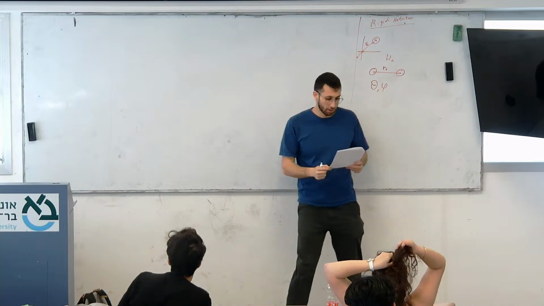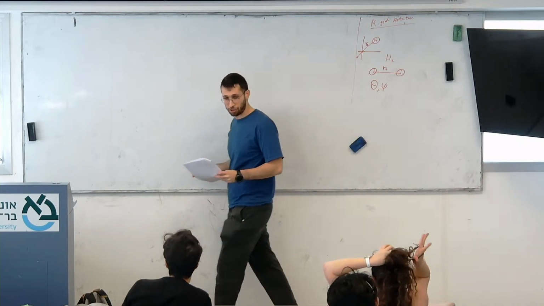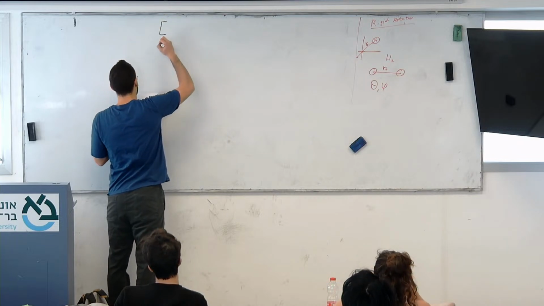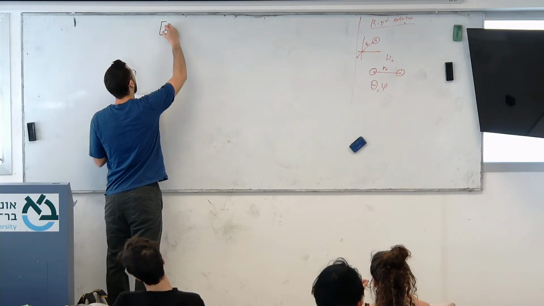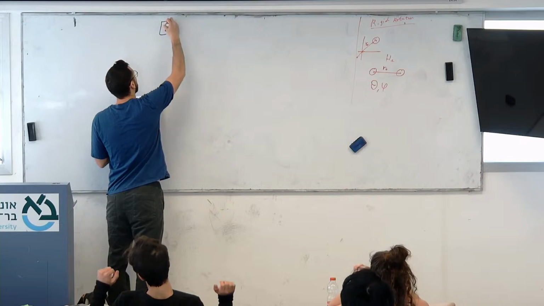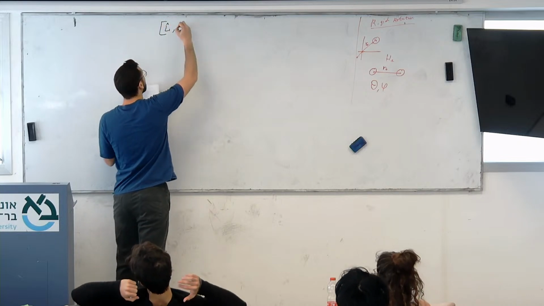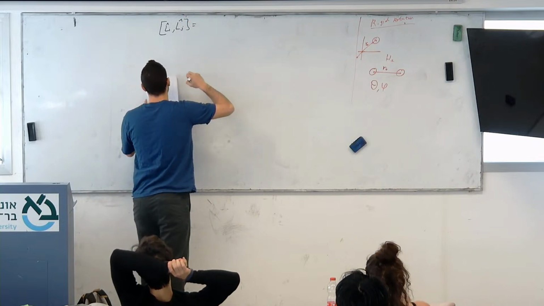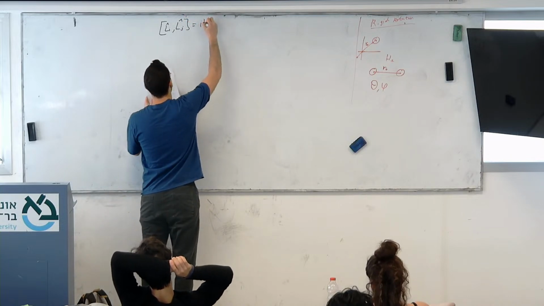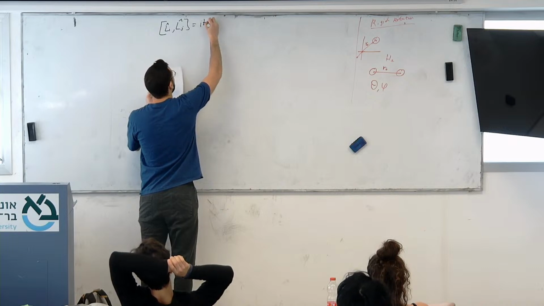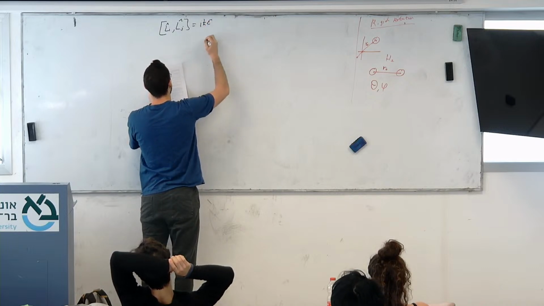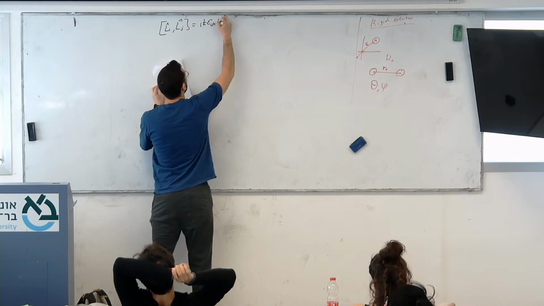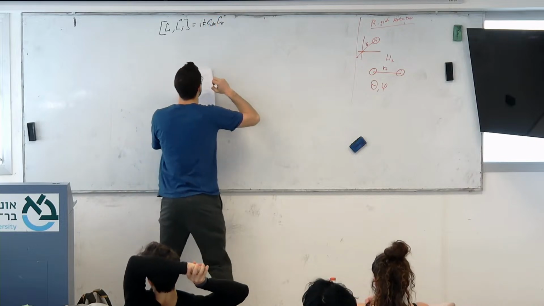When we have commutation relations, for example, we're going to write two commutation relations. [Li, Lj] operator is equal to iħ epsilon, the Levi-Civita, ijk Lk operator, this is one.